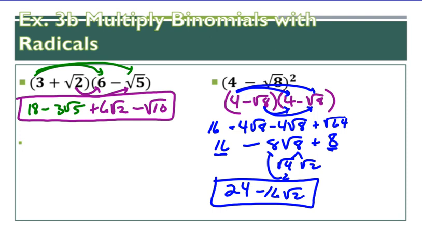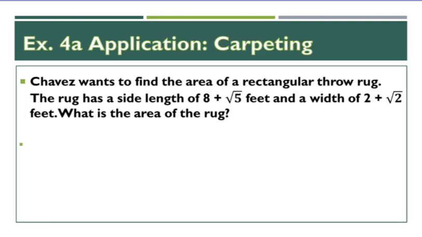And we have a couple word problems here. Chavez wants to find the area of a rectangular rug, a throw rug. The rug has a side length of 8 plus the square root of 5 feet and a width of 2 plus the square root of 2 feet. What is the area of the rug? Length times width, so 8 plus the square root of 5 times 2 plus the square root of 2.